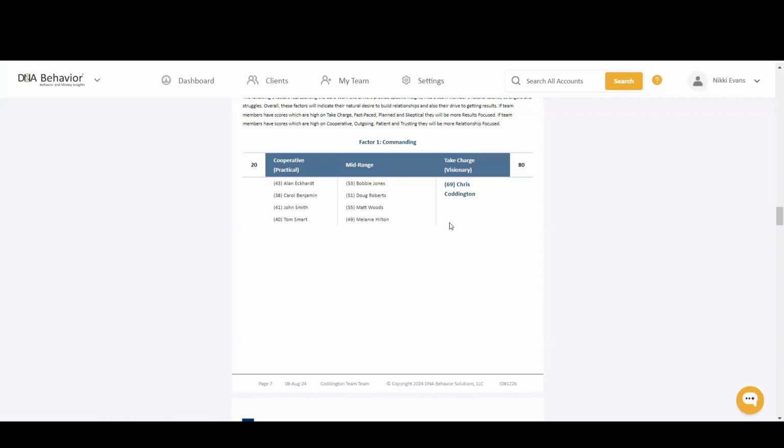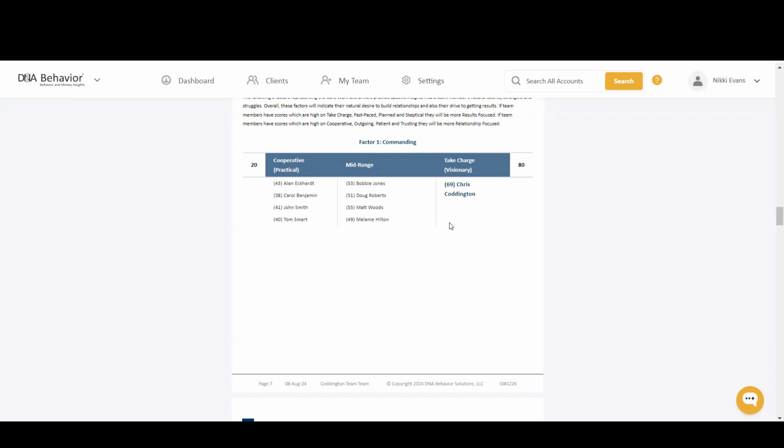So scores above 50 are going to fall on the take charge side. So 50 and above. So Doug and Matt and Bobby in this example will fall out on the take charge side on their individual reports. But they are nowhere near as strong on that take charge as Chris Coddington is. Those scores in the mid-range mean that those folks have the easiest time flexing that behavior.